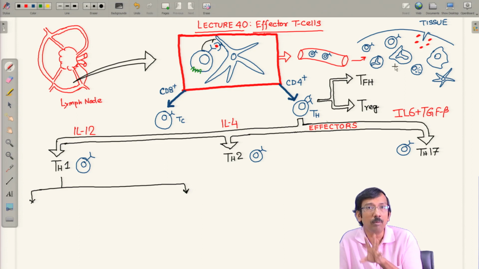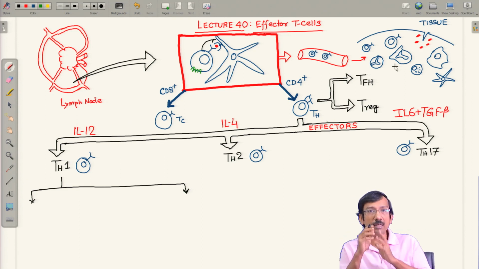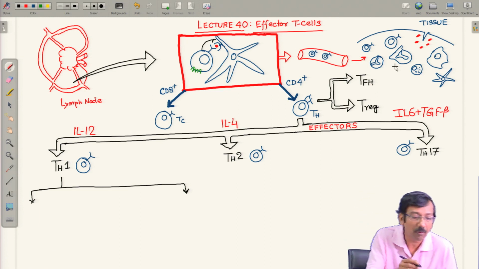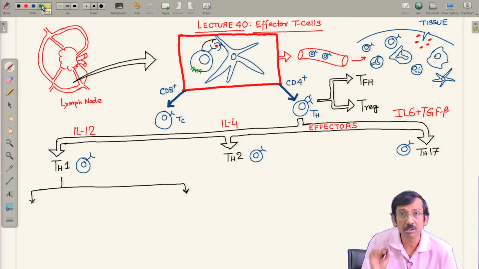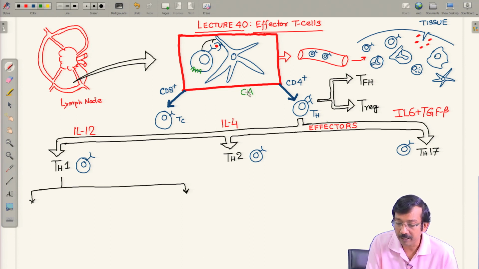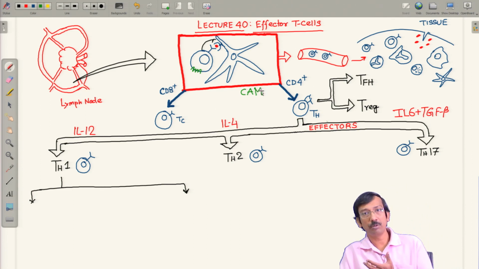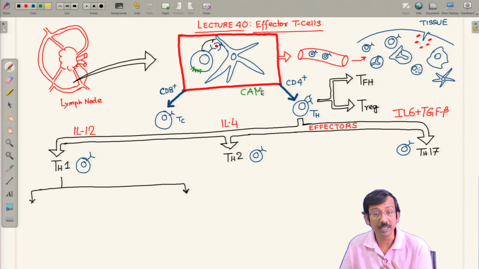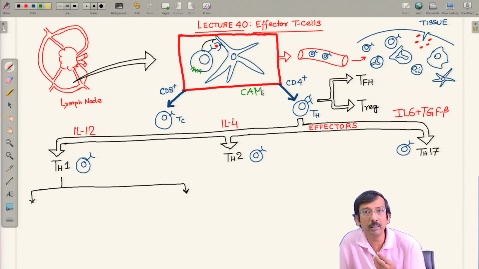Normally the naive T cells express certain types of cell adhesion molecules. I have already discussed the cell adhesion molecules a little bit in my inflammatory response classes. If you remember from those classes, we discussed different types of cell adhesion molecules like the selectins, the mucins, and the immunoglobulin-like CAMs, the ICAMs.